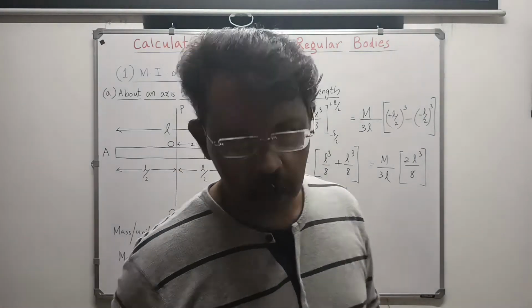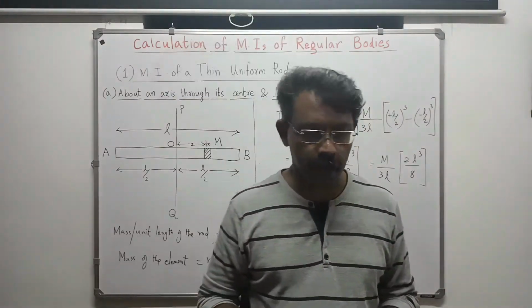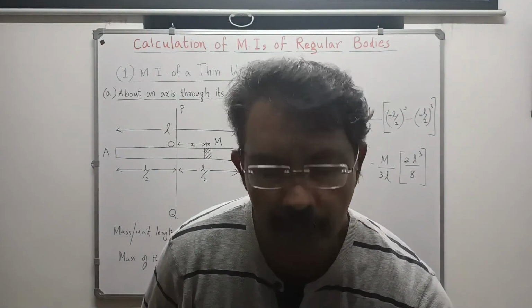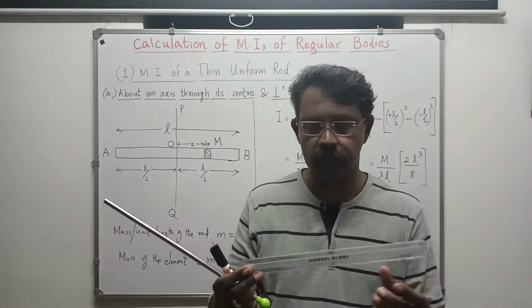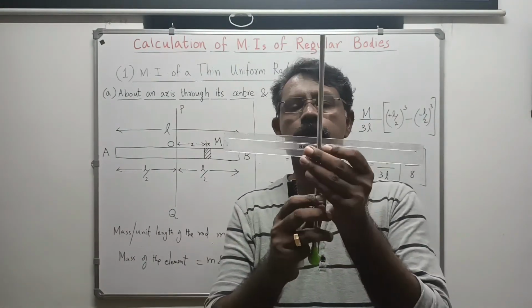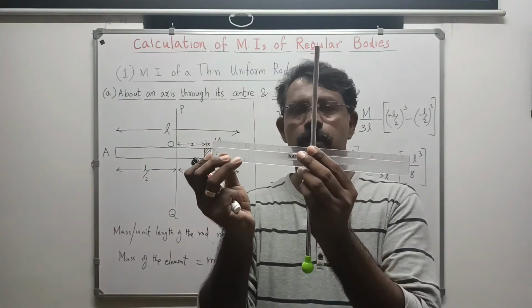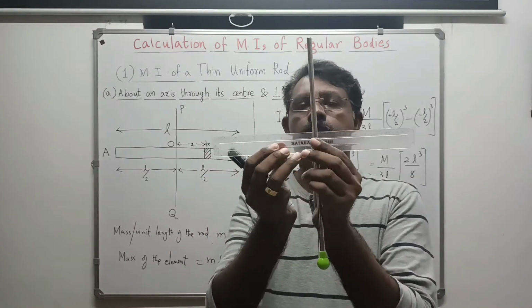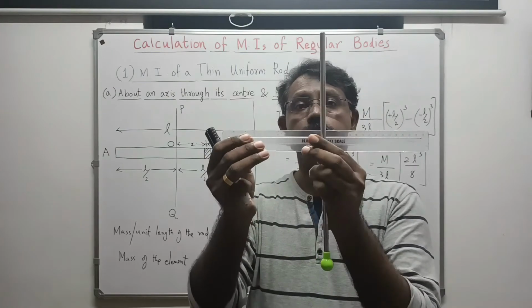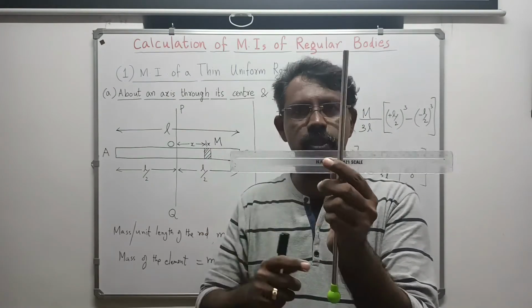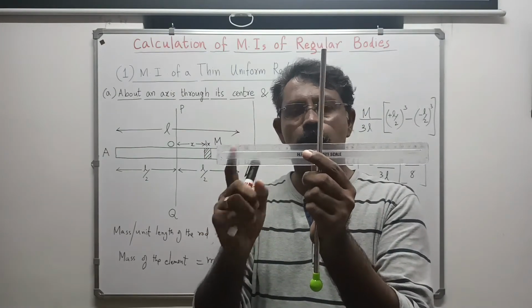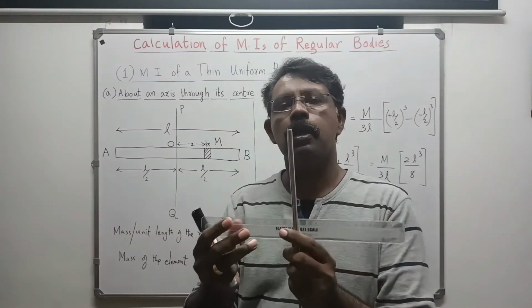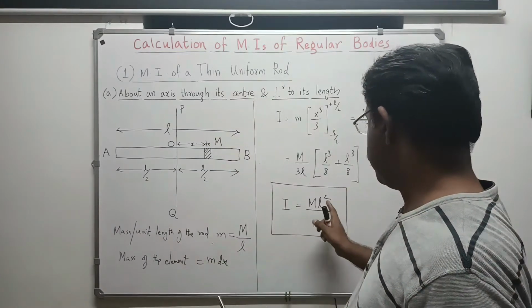So this is the moment of inertia of a rod about an axis which is perpendicular to its length and passing through the center. If I have a rod like this which is rotating like this, the moment of inertia of this rod about this axis will be given by M L squared by 12.